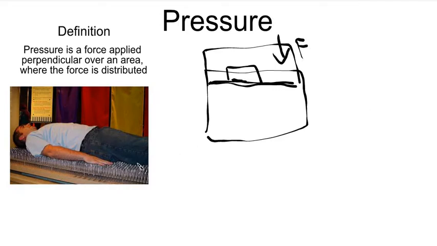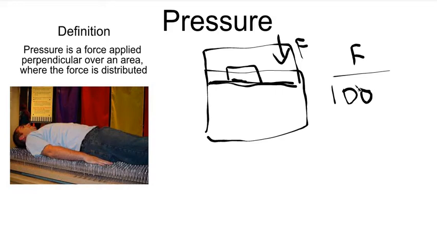Well, what's happening on a bed of nails, as you see? There are tons of nails. And instead of putting all your body on one nail, you're putting it on hundreds and hundreds of nails. So basically, instead of putting your force over one area, you're putting it over hundreds of areas. So it's going to be divided by 100, or even more.